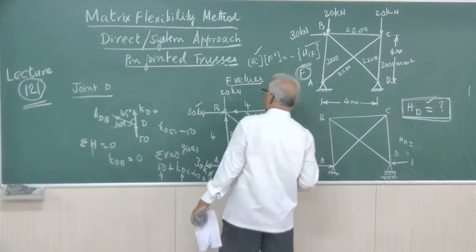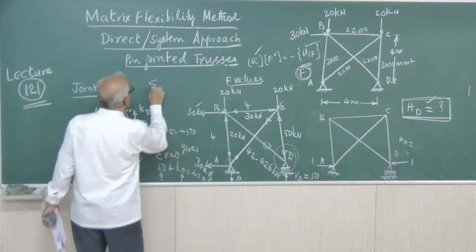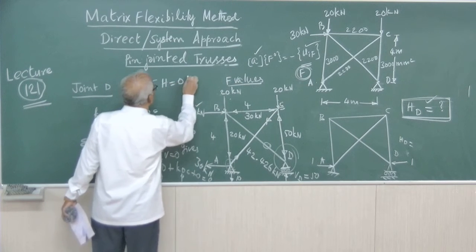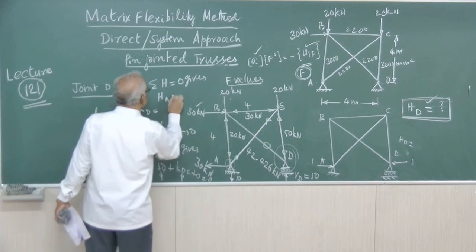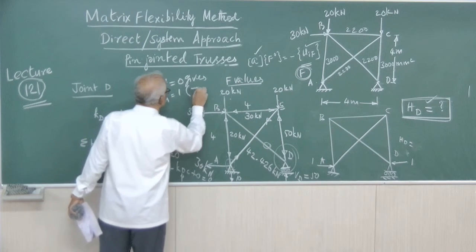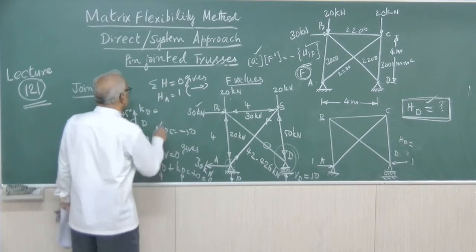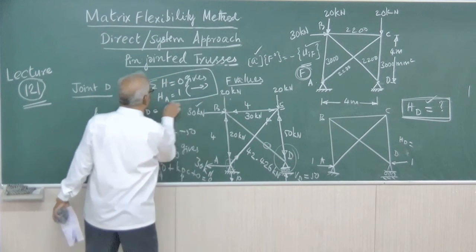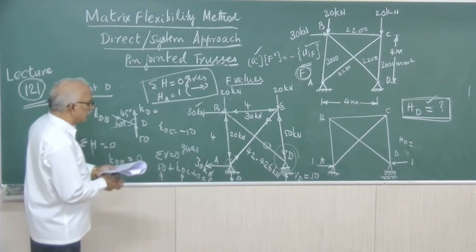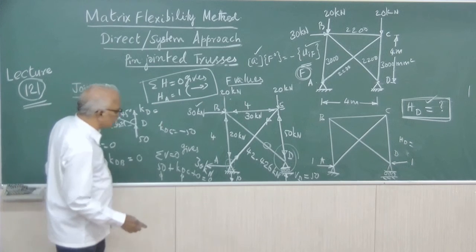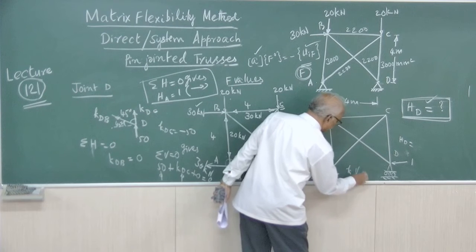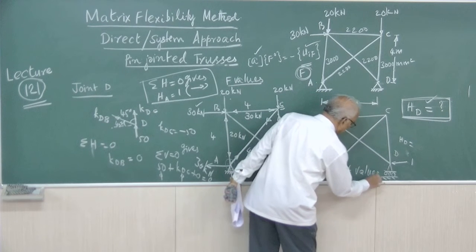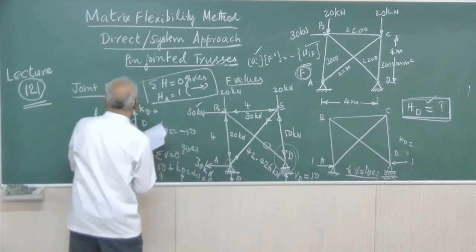So, sigma H equals 0 gives HA equal to 1 towards right. So, this is about the reaction. Now we are going to find out the K values due to unit redundant force.